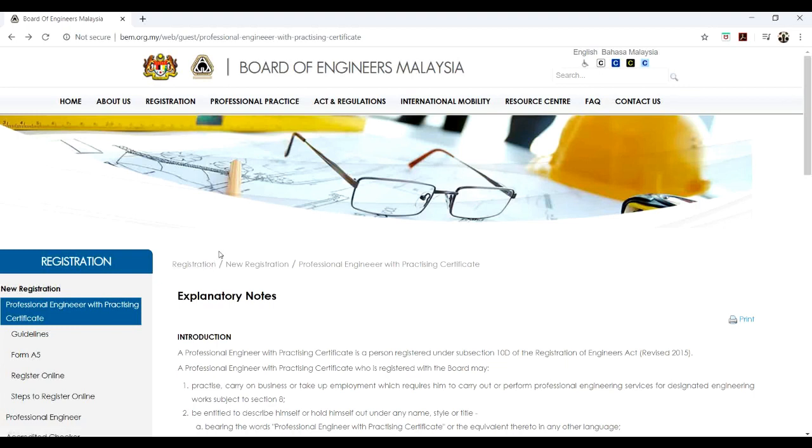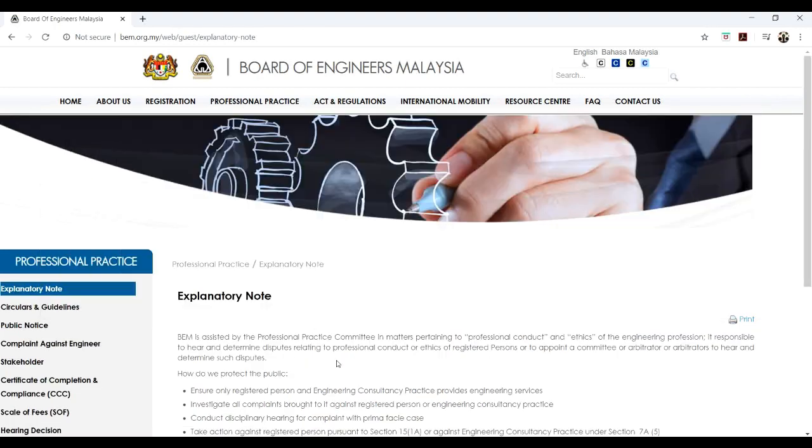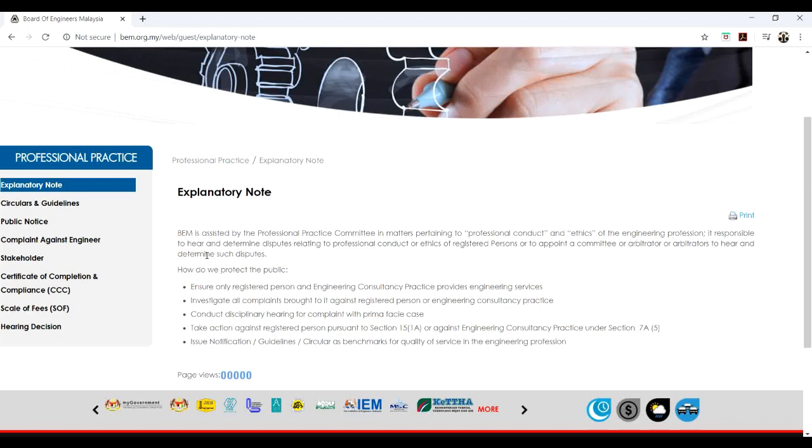The details regarding the professional practice in engineering professions can be obtained from the professional practice submenu here. As can be read here, BEM is assisted by the Professional Practice Committee in matters pertaining to professional conduct and ethics of engineering professions.